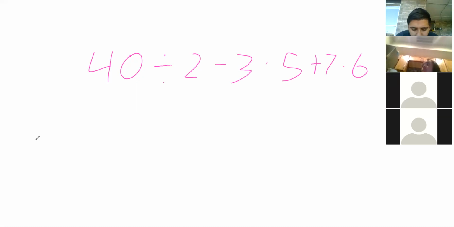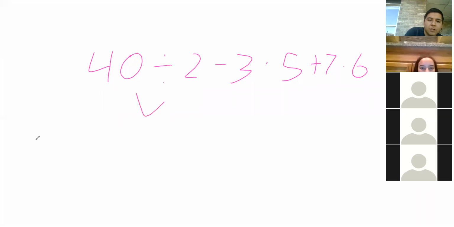No, right? So then we move to exponents. Do we have any exponents? No. All right, so then we move on to multiply and divide. We do our arithmetic. So we would do 3 times 5 first? Well, like I said, it doesn't necessarily mean we have to do multiplication first, right? If division is first, we'll do that. So we should actually do 40 divided by 2 first. 20.